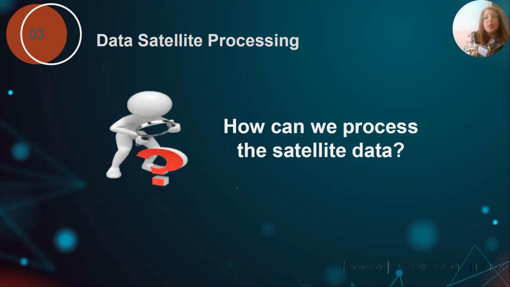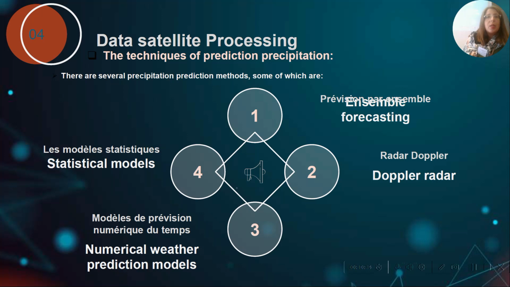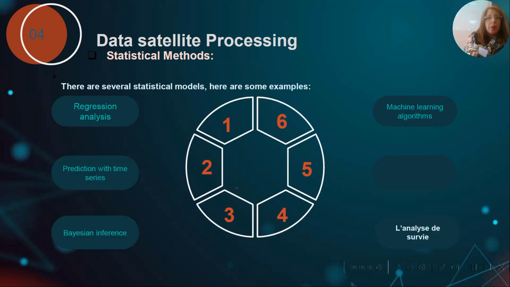How can we process the satellite data? So there are several precipitation prediction methods. Some of them are the statistical models, numerical weather prediction, ensemble forecasting, and the Doppler radar. There are several statistical models.